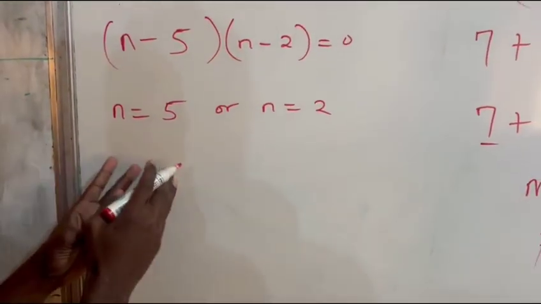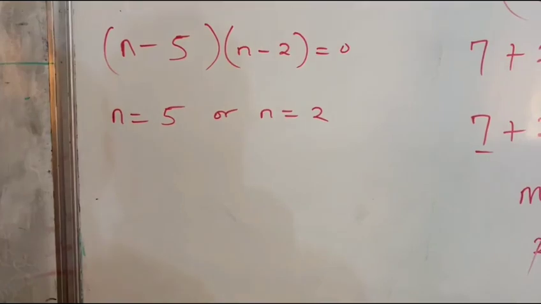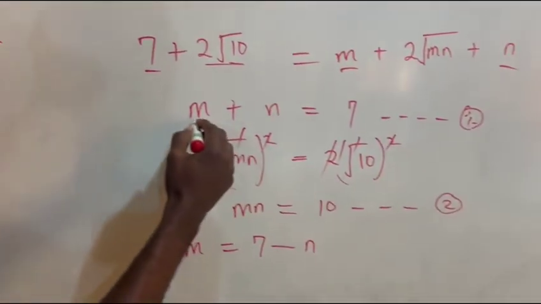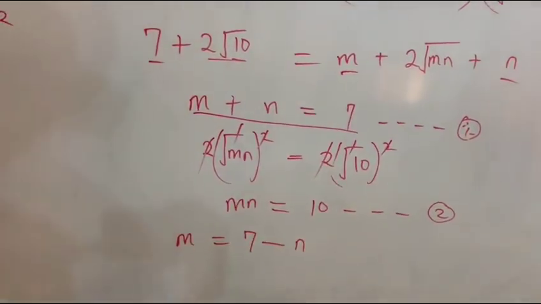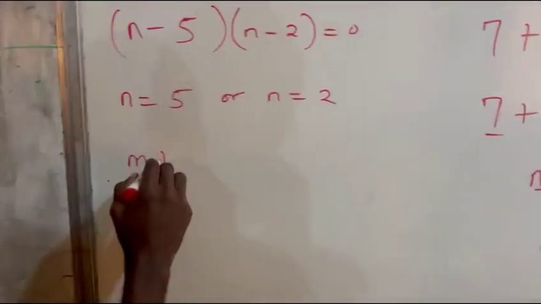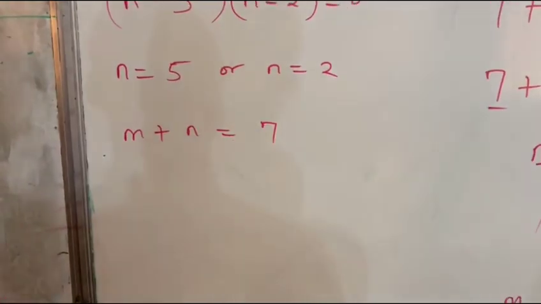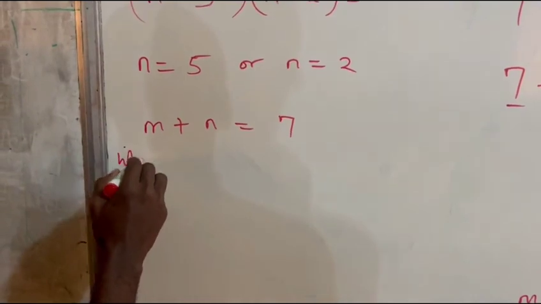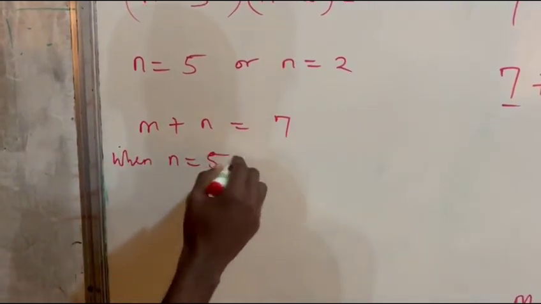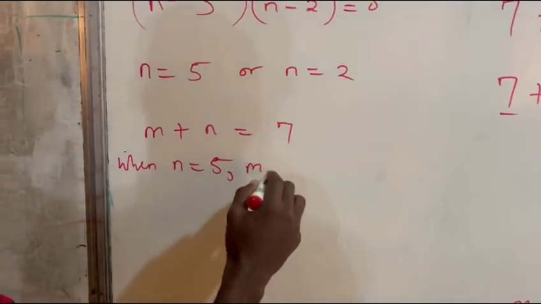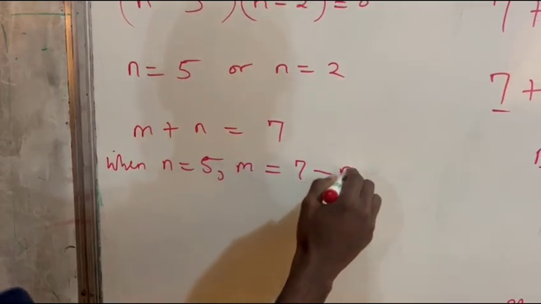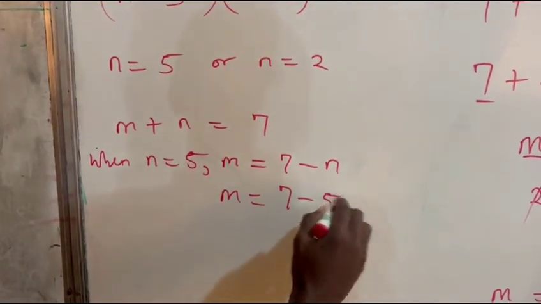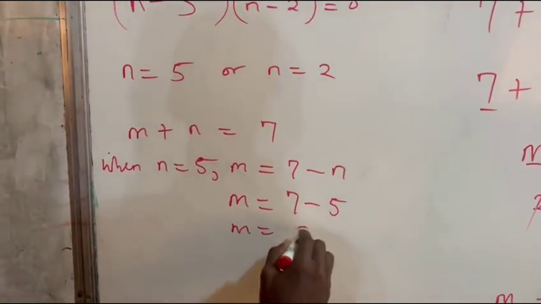Now, this is just the value of n. How do we find m? Don't forget, from equation 1, we know that m plus n equals 7. But let's see, when n equals 5, what is the value of m? m will be equal to 7 minus n. So m is equal to 7 minus 5, m equals 2.